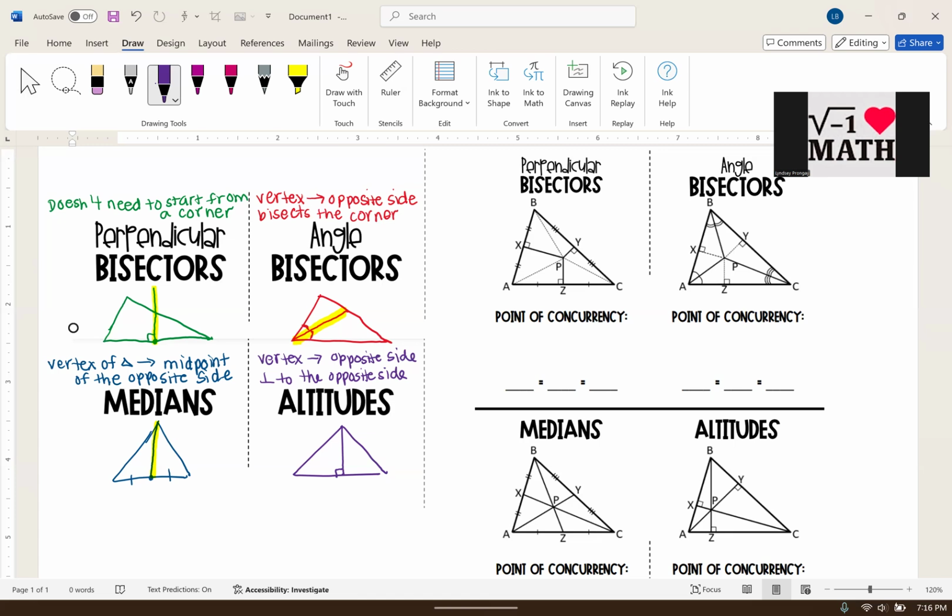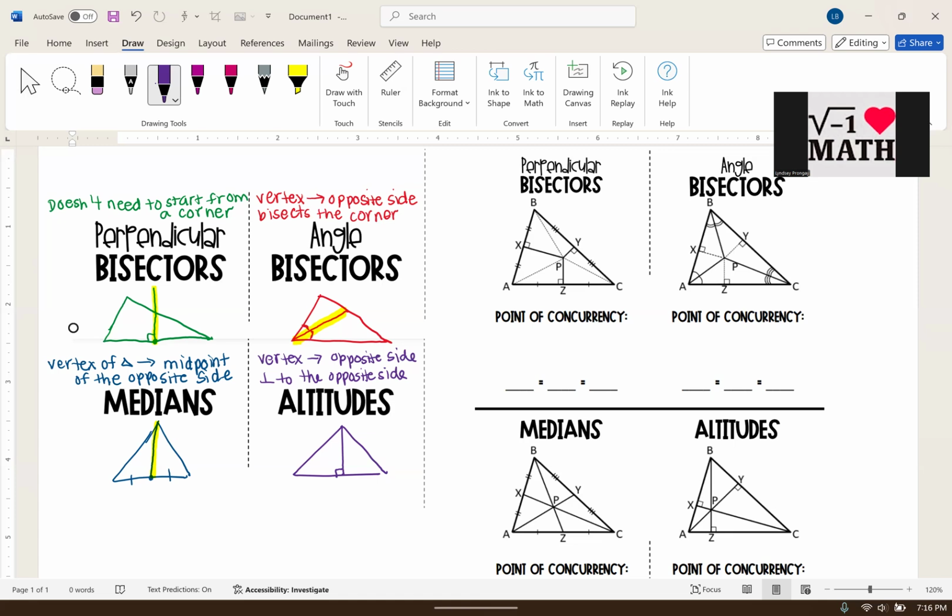Now we're going to move to the inside and say, when we have all three of those perpendicular bisectors or all three angle bisectors, etc., in the triangle, where they intersect is going to be the point of concurrency. That is special for each of them, and each of them has a special name.